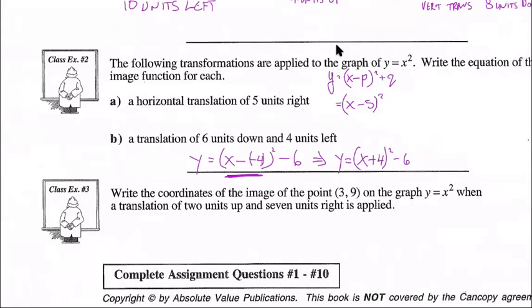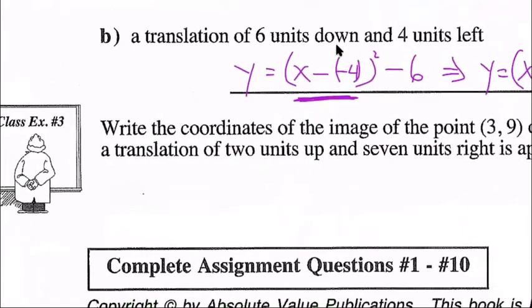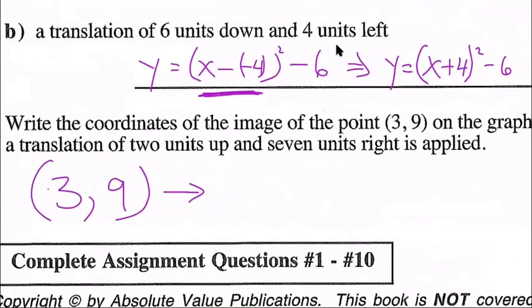And then example 3. Write the coordinates of the image of the point 3, 9 on the graph of y is equal to x squared when a translation of 2 units up and 7 units right is applied. So from 3, 9, if we go 2 units up, does that affect the 9 or the 3? Up and down is y, it affects the 9.